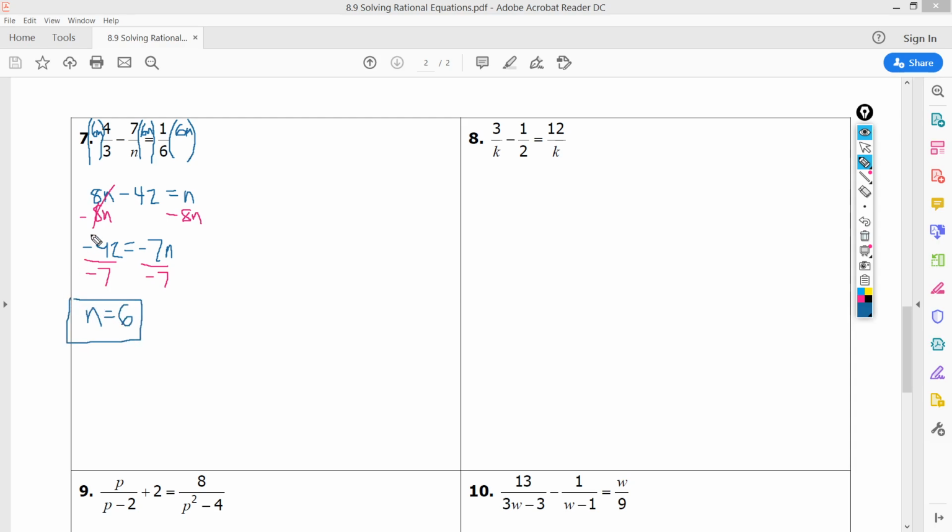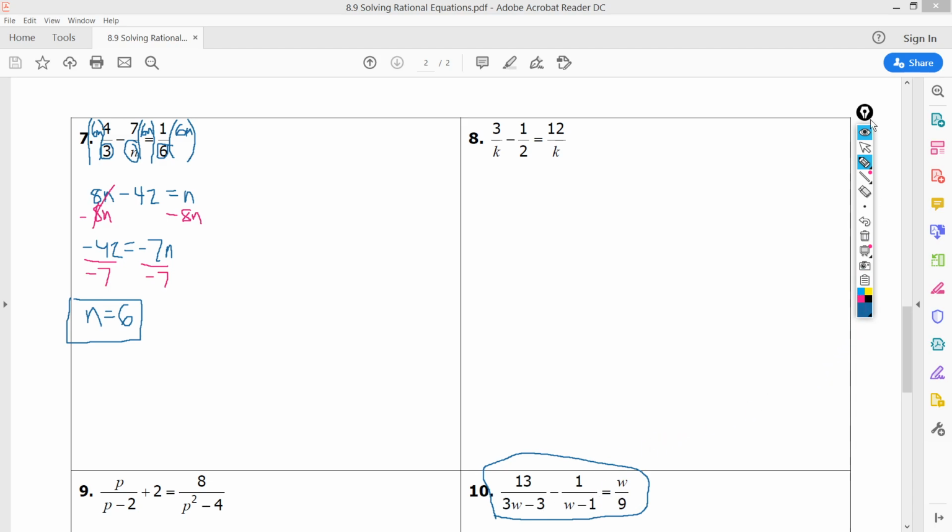Is that okay? Yes, the only thing that n can't be is 0 right here. Everything else is fine. So that's one way to do things, and in this problem it wasn't too bad, because we had denominators that were constants. Multiplying everything by 6n isn't too bad. But if you look at, for example, number 10 down here, do you really want to multiply everything by w minus 1 and 9?